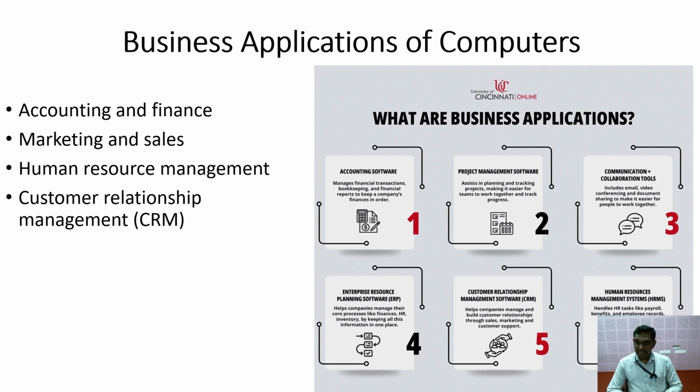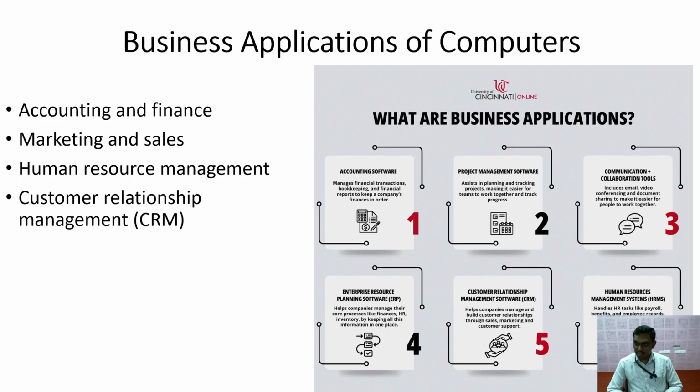With the help of the computer we can easily manage the project and coordinate the project team. We can use TeamViewer or other collaboration software to do our project in the best way.